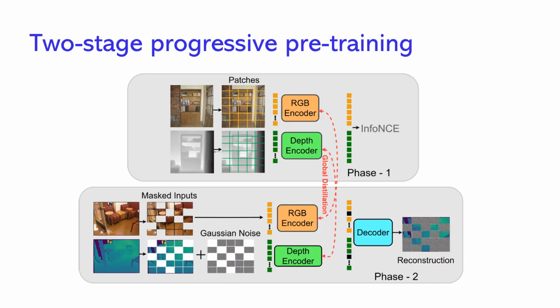Based on these previous limitations, we propose a two-stage progressive pre-training approach. Our approach is a very simple combination of contrastive learning, mask autoencoding, denoising used in diffusion models, and feature distillation. The goal is to learn representations from different learning mechanisms that can complement each other.